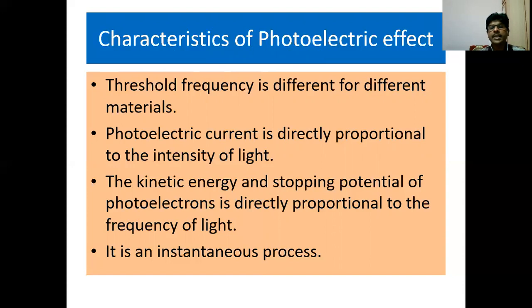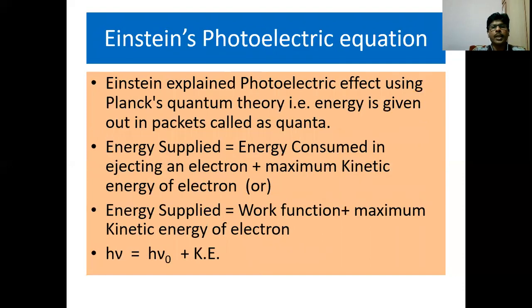Fourthly, it is an instantaneous process. That is, photoelectric effect is an instantaneous process. It means, as soon as the radiation falls on the metal surface, electrons are ejected. There is no time lag between the incidence of radiation and emission of photoelectrons.